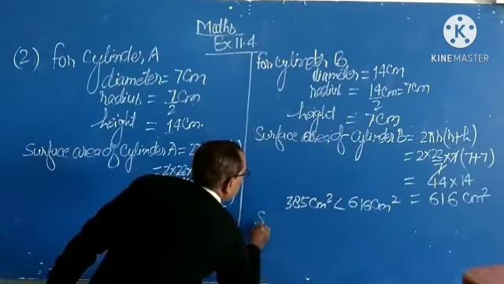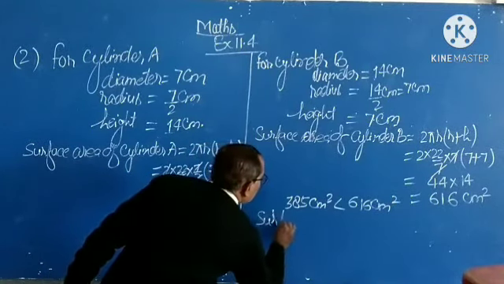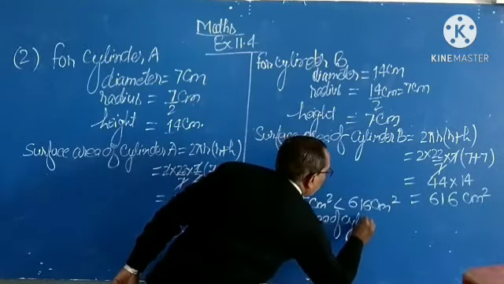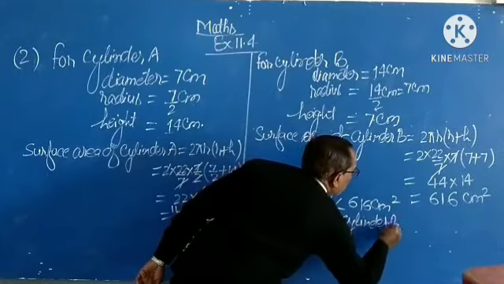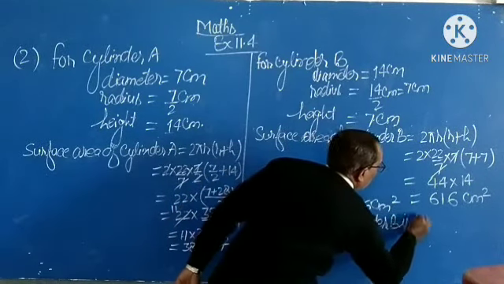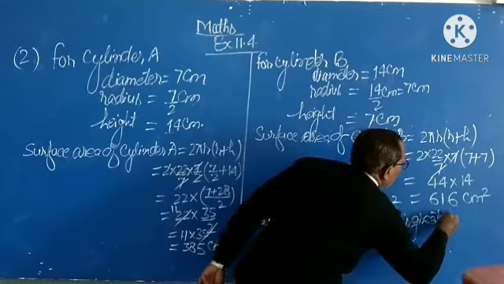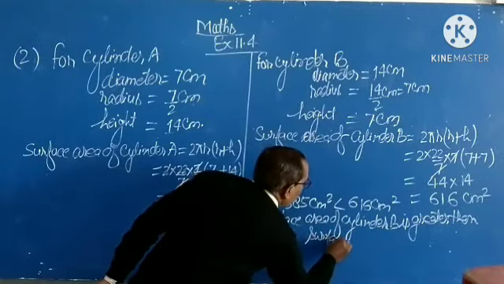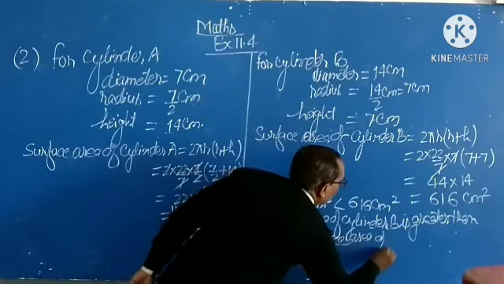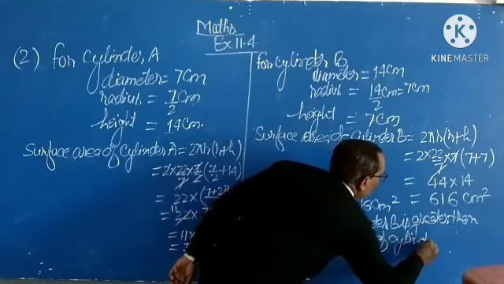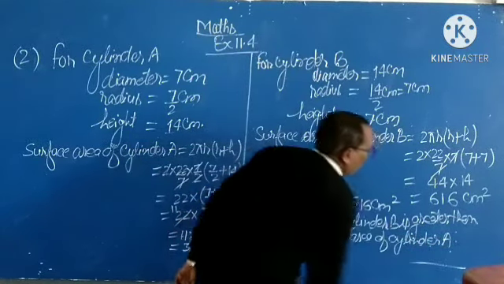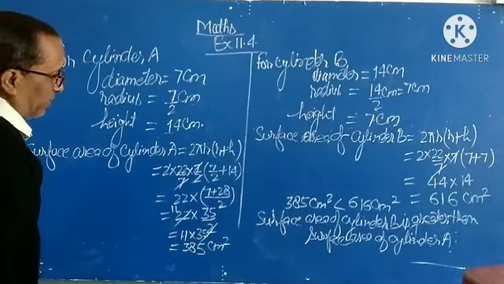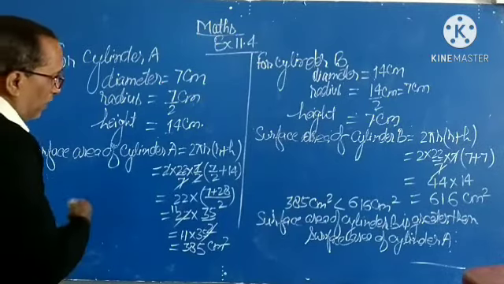This means surface area of cylinder B is greater than surface area of cylinder A. This means whose volume is greater, then that surface area is also greater.